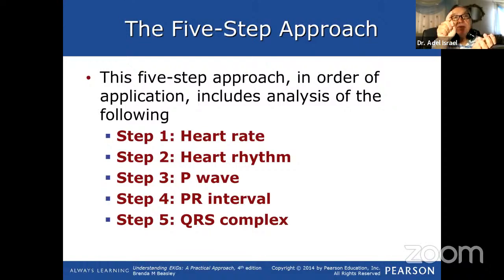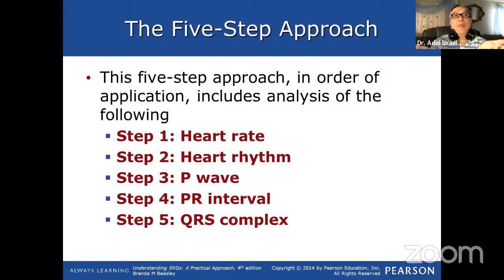Upright is positive, so upright or positive, it is the same. Are you following? Any question? So what is the criteria of the P wave? We mentioned the normal one should be upright or positive, smooth, and precede QRS.